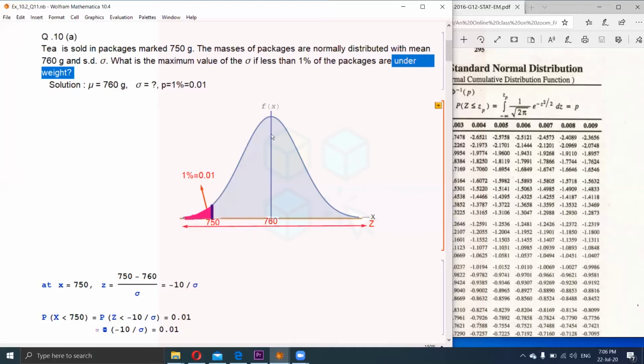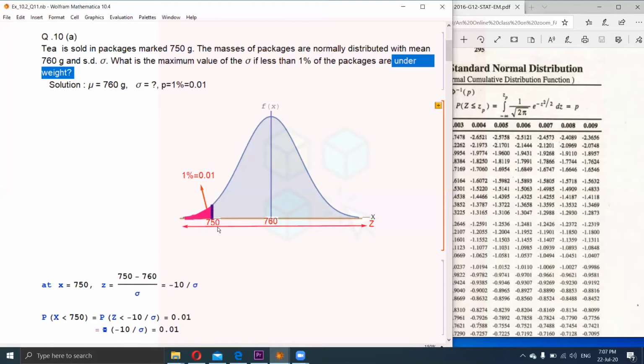So the mean of the distribution is 760 and the area below 750 grams is 1%, which is equal to 0.01. So we want to find the shaded area involving 750 grams equal to 0.01. But 750 grams is first converted into the z-score.